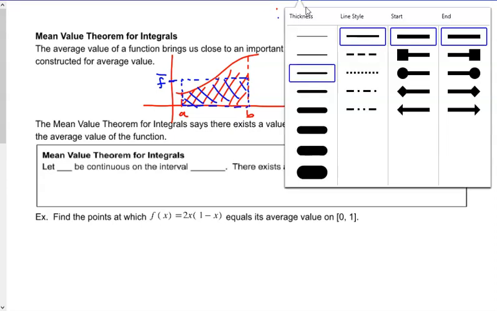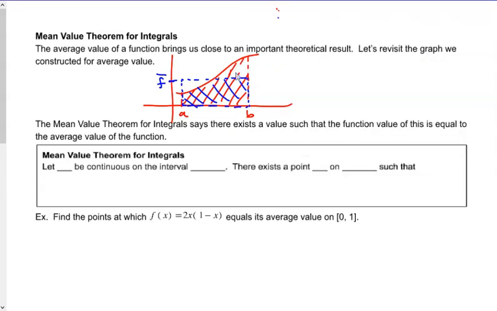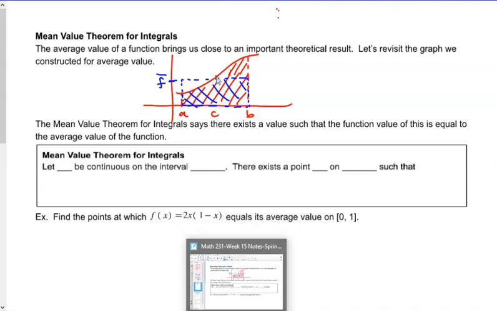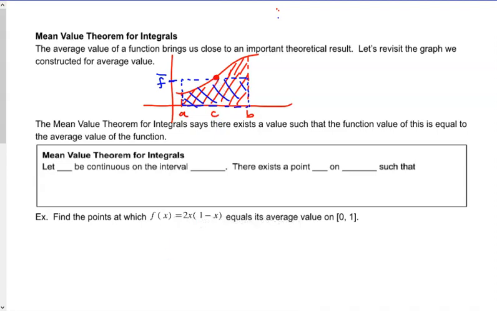Now, the mean value theorem is nice because it goes one step further. It doesn't just give us the average value that it's equal to. There is a certain value c here at which that occurs, at which those two values are equal. And right here, maybe I should do it in a completely different color.